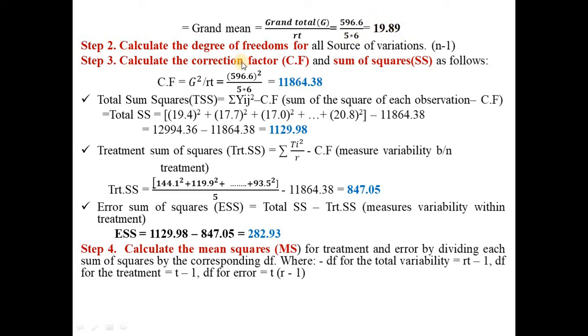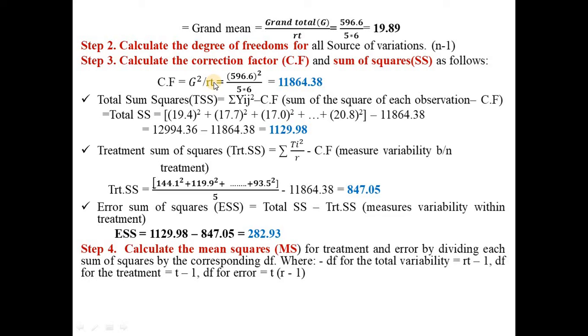The second step is to calculate the degrees of freedom for all sources of variation by using n-1, and the third step is to calculate the correction factor and sum of squares values as follows. Correction factor equals the square of the grand total divided by the number of observations.